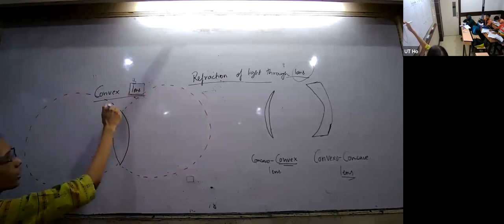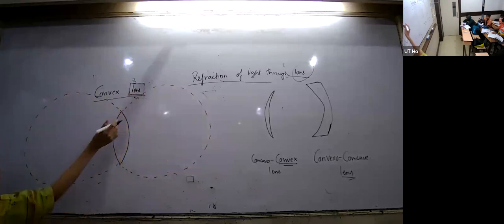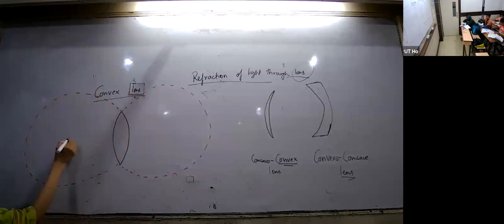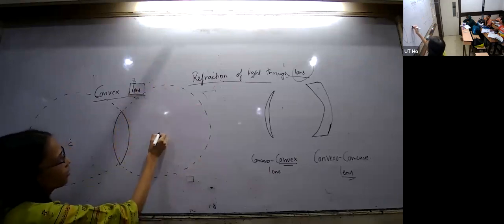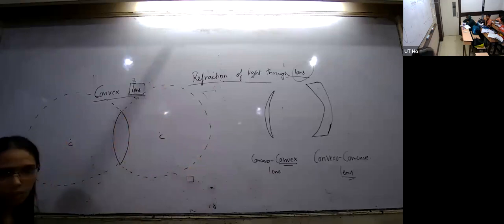So ये जो curved surface है, इसका आप यहाँ पे center देखोगे, तो it will lie somewhere over here. I will label it as C, and that is nothing but the center of curvature. And on this side also there will be another center of curvature.